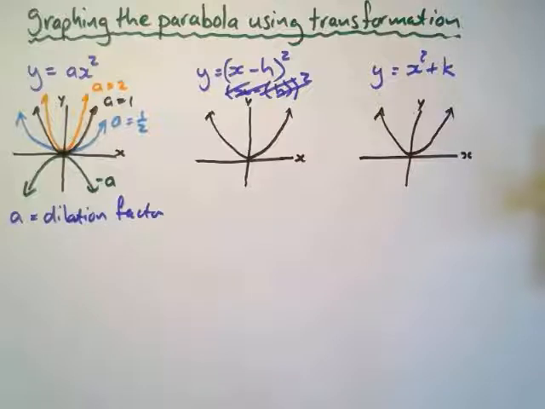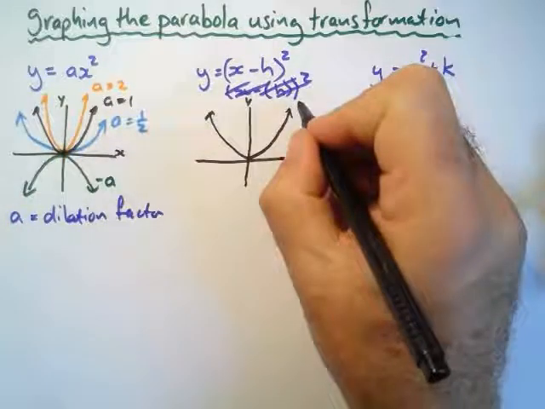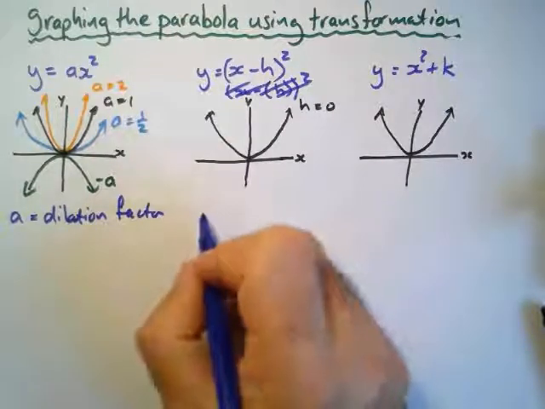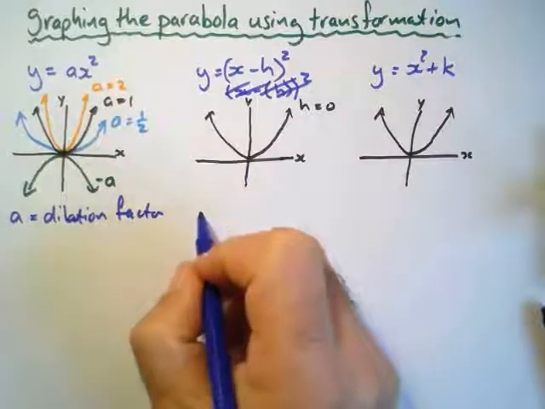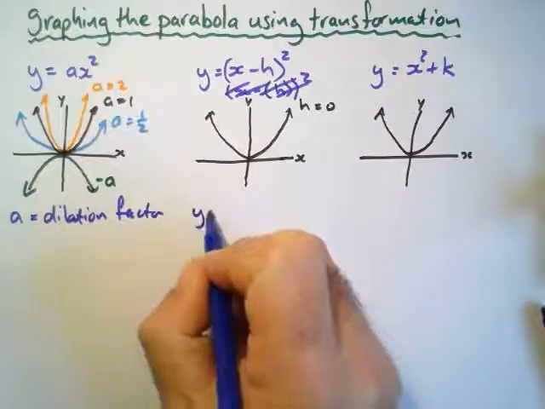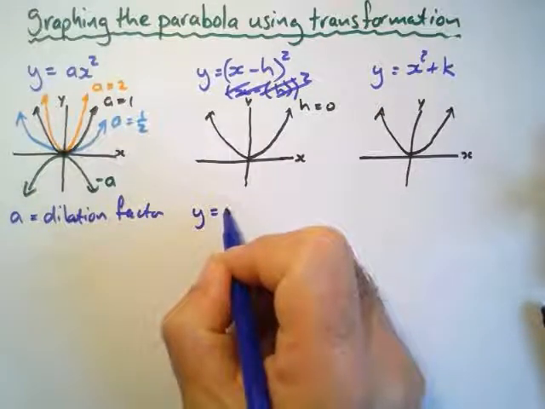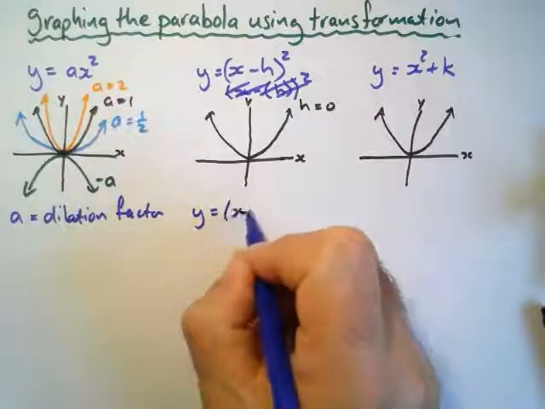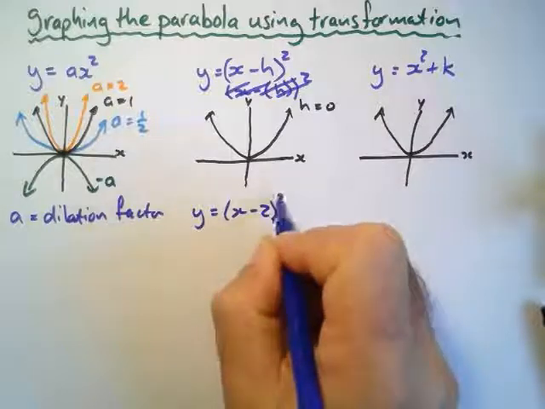Okay, so if it's x minus h, so this is when h is 0, because there's no movement, so h equals 0. If h is 2, okay, don't get confused now, that's different than what your textbook says. If h is positive, I'm going to rewrite it as y equals x minus 2 squared.